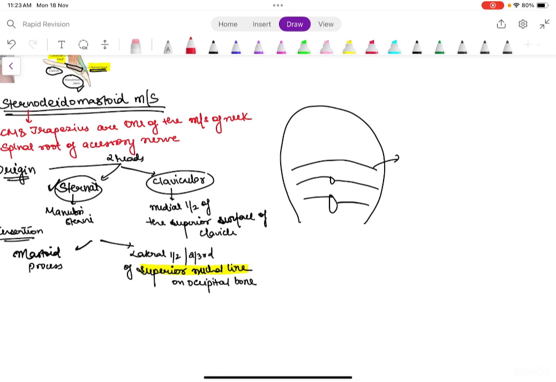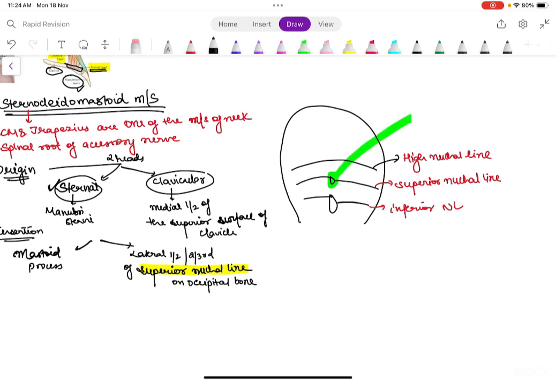So this is the most uppermost one. So this is the highest nuchal line. This is superior nuchal line, and this is the inferior nuchal line based on the position.